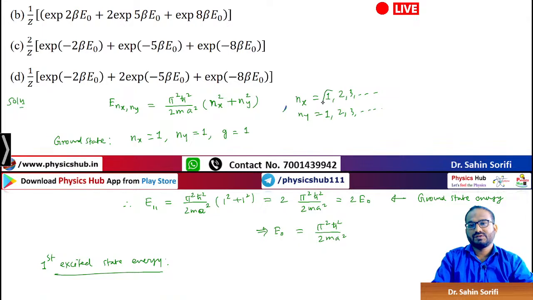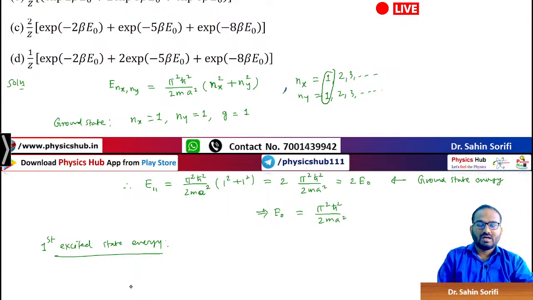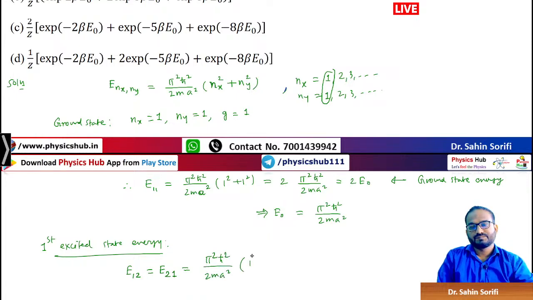Previously you chose nx equals 1, ny equals 1. Now if you choose nx equals 1, ny equals 2, or nx equals 2, ny equals 1, in both cases you get the same energy value: 2 square plus 1 square, or 1 square plus 2 square, same thing.